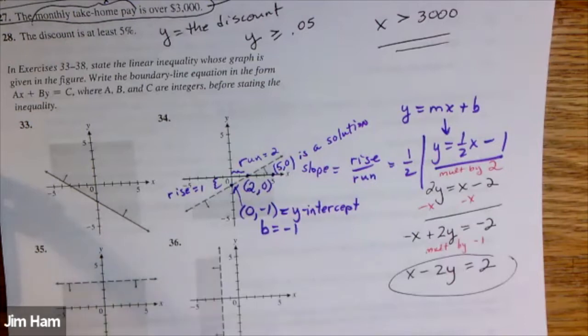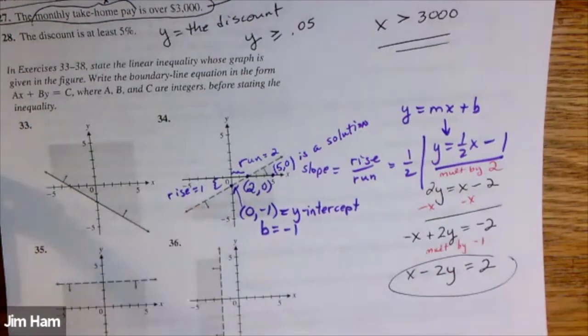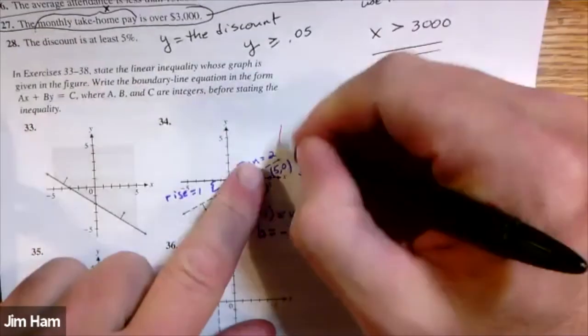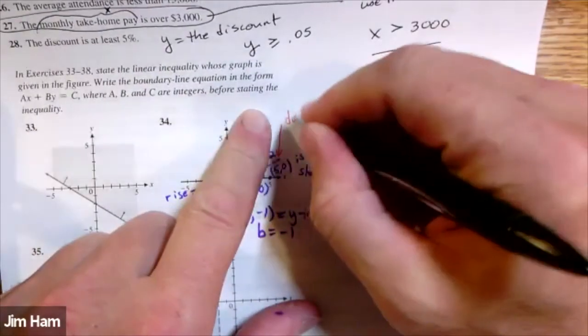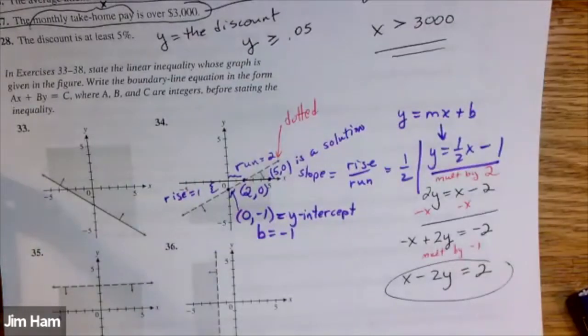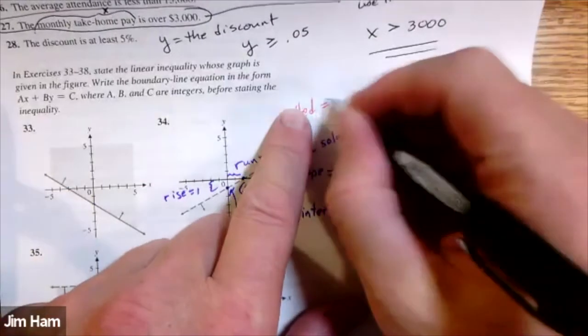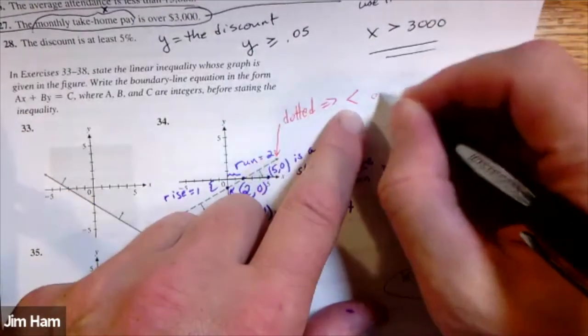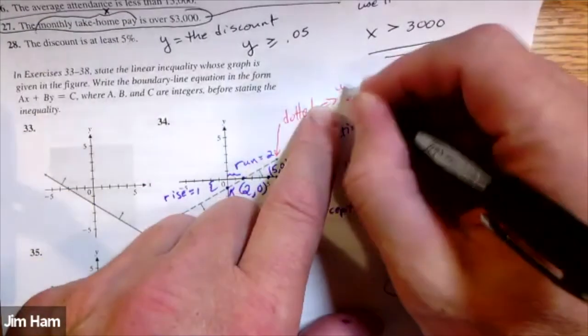Now, the other thing is that because the line is dotted, or dashed, or however you want to say it, that means that the inequality symbols that we're going to use will either be the less than or greater than.